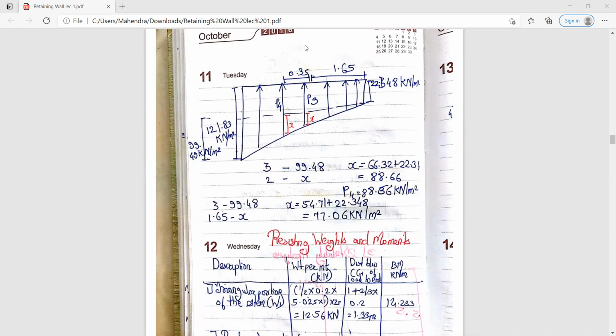Is it done, completed? All of you have got the pressures P3 and P4.